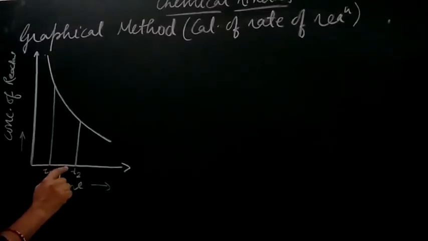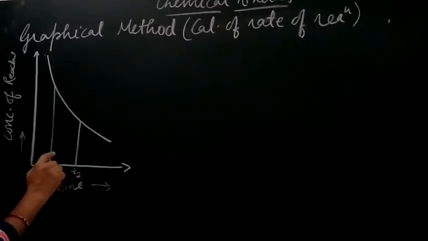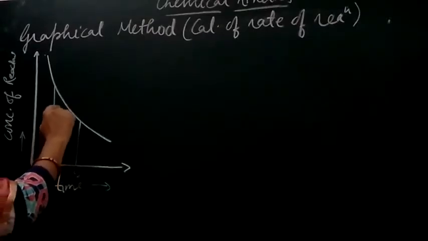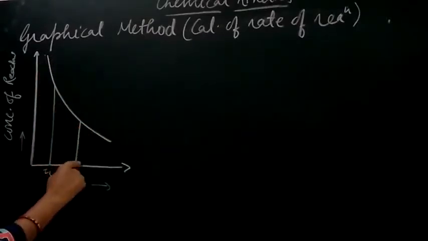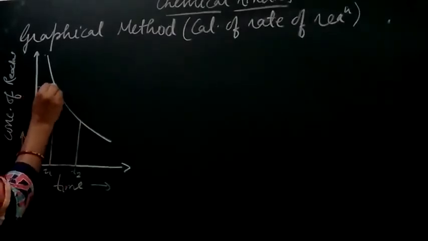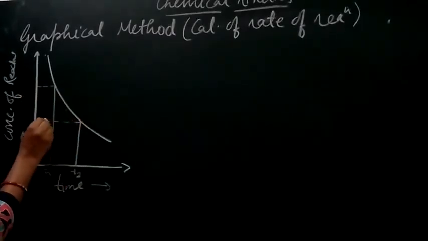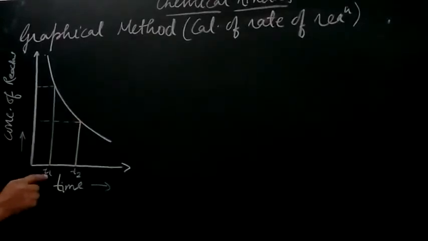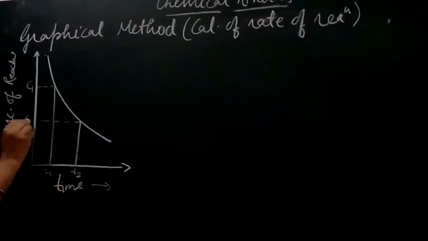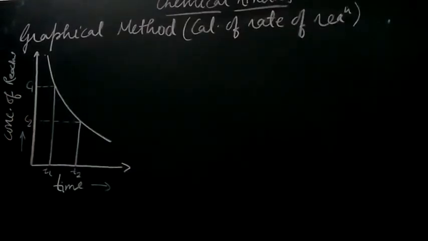We are going to find out the average rate. We will draw lines and intersect the curve, and we will find out the concentration at these times. Let it be C1 at t1 and C2 at t2.